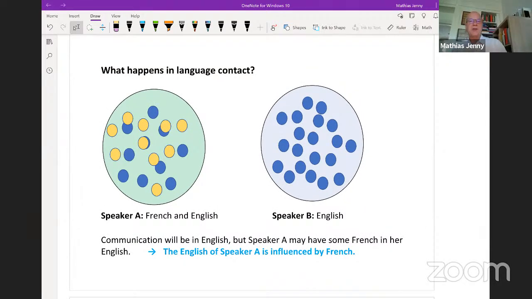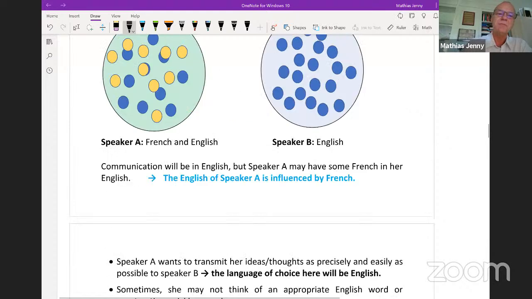So let's have a closer look at this. We have here speakers A and B. Speaker A speaks French, the yellow dots in her head, and English, the blue dots in her head. So we have French and English. Sometimes French and English overlap, like the words may be very similar or even the same.